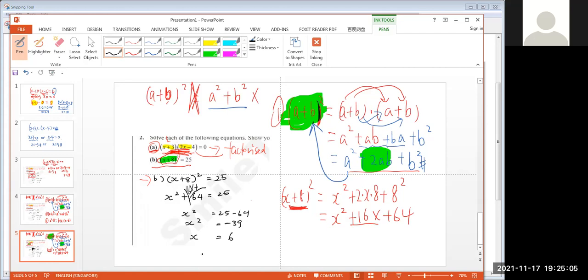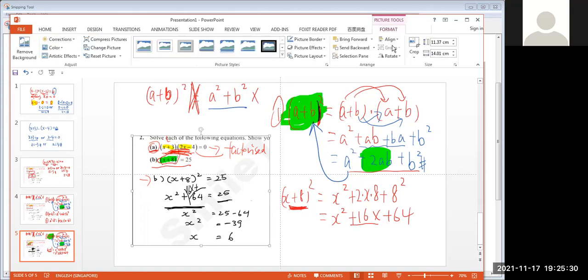Then after that, what you're going to do is move the 25 over to this side. This is your left-hand side, and this is your right-hand side. So you need to bring the 25 over to this side. I'm going to get rid of this space so I have more space to work on this.